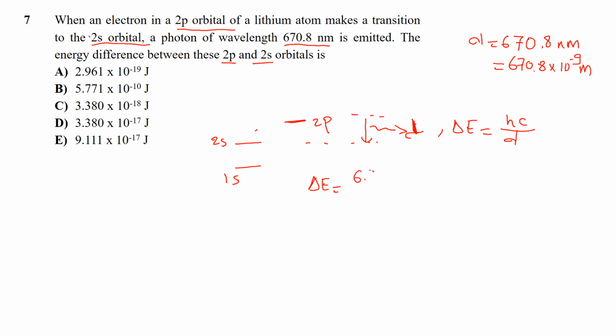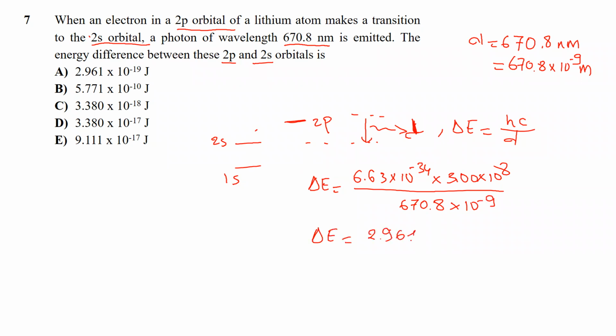So here I have 6.63, 10 to the power minus 34, times the speed, 10 to the power 8, divided by 670.8, 10 to the power minus 9. And delta E will be equal to 2.961, 10 to the power minus 19 joule. Okay, so direct application of delta E equal hc over lambda. Our answer is A.